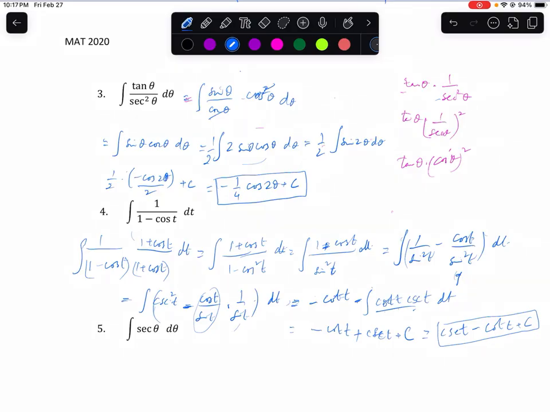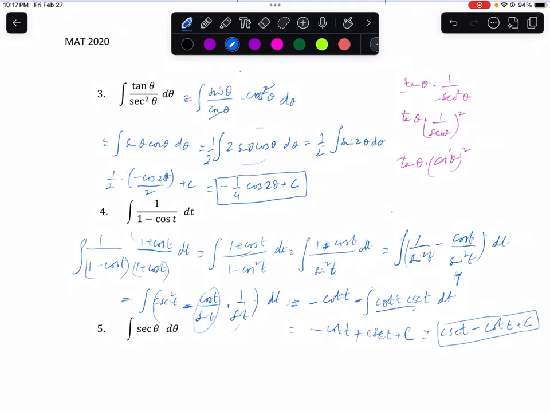We had the derivative of cotangent, which is negative cosecant square t, and the derivative of cosecant, which is negative cosecant t times cotangent t.